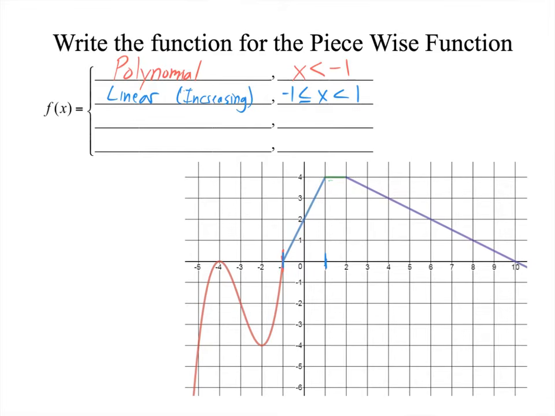Next one. Let's do this green one right here. That green part of the graph, can you tell it's from here to here? Can you tell it's linear again? Can you tell it's flat? So we're looking at the green one as a flat linear function. And can you tell the x is between -1, oh, not -1. Let's take that back.